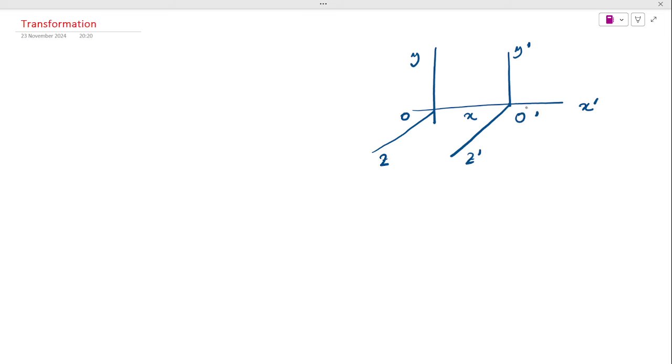This is basically o dashed. So first the Galilean transformation, first we just summarize the topic and after that discuss questions.